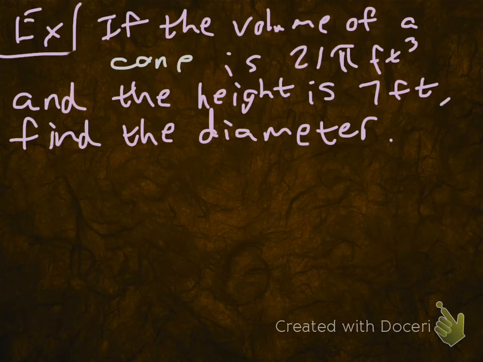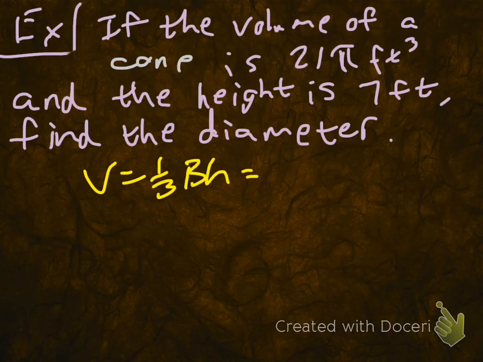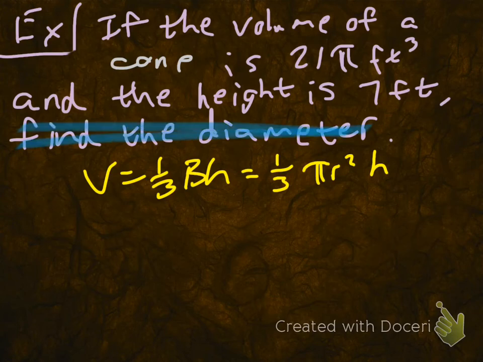So, again, V equals 1/3 BH, and B is pi r squared. Okay? So what are we looking for? Let's just make sure we understand this word problem. We're trying to find the diameter. Well, in order to find the diameter, the strategy is going to be to first use this formula to find the radius. Once we can find the radius, just double it to find the diameter. So that's the strategy here.